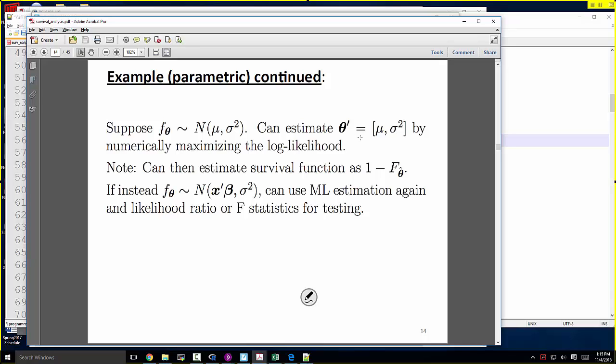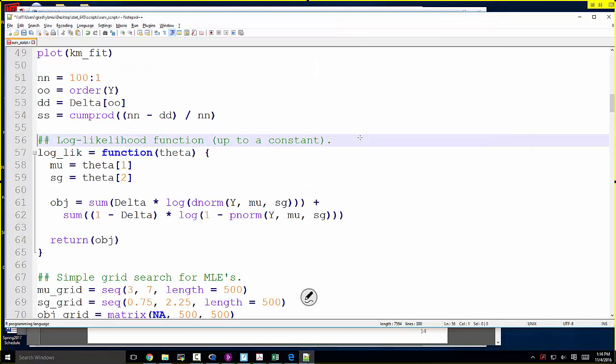What we're about to do over in the script is maximum likelihood to estimate mu and sigma squared for censored data, and then replace our rough step function estimate, the Kaplan-Meier estimate of the survival curve, with a smooth parametric curve. So let's go back here.